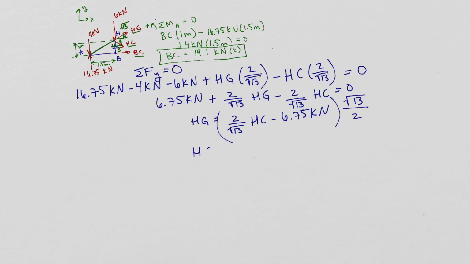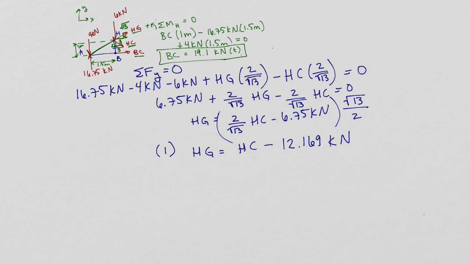So Hg equals Hc minus 6.75 times the square root of 13 divided by 2, which would be 12.169 kilonewtons. So that'll be a helpful equation.